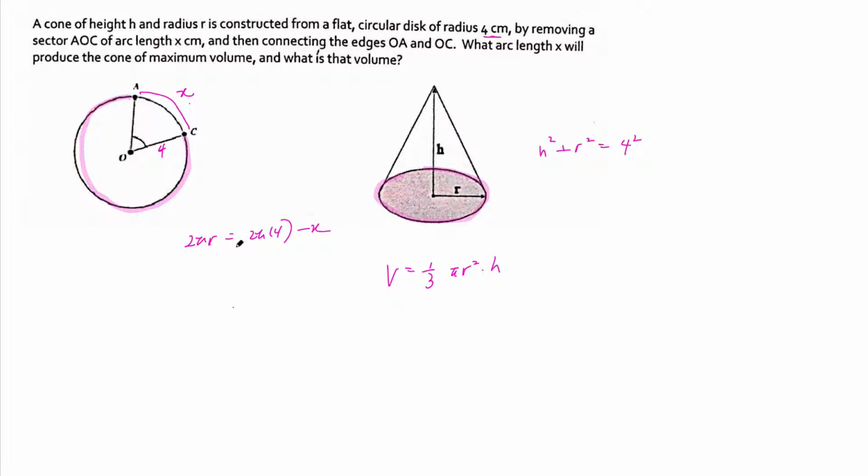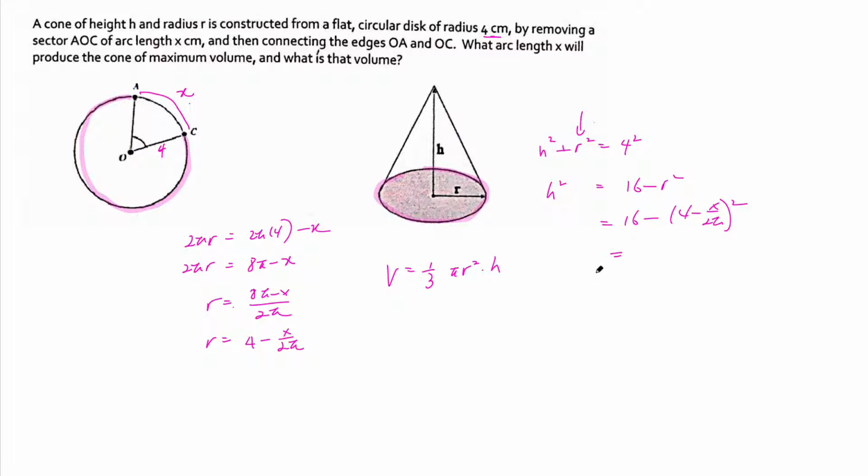Okay, so that creates a relationship between r and x. Right, so r is 8 pi minus x over 2 pi. Or that's 4 minus x over 2 pi. Okay, if you plug that in here, r is 4 minus x over 2 pi.